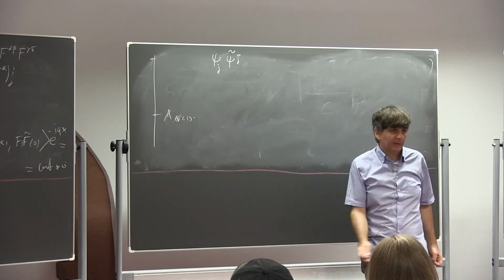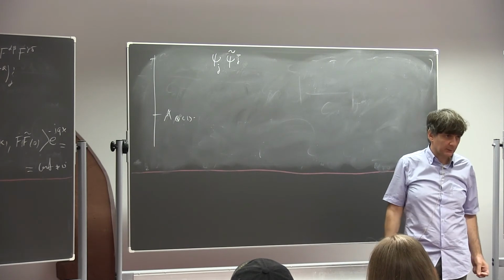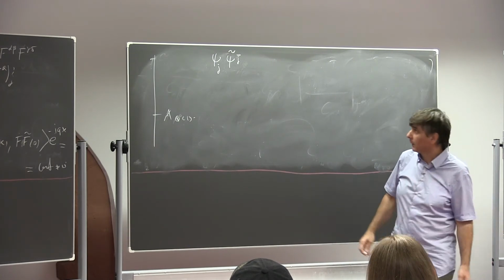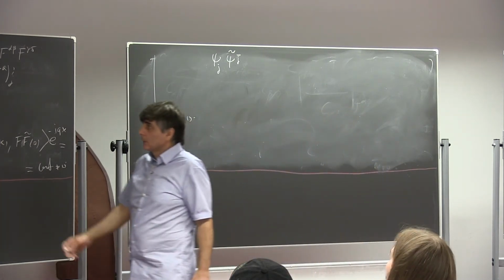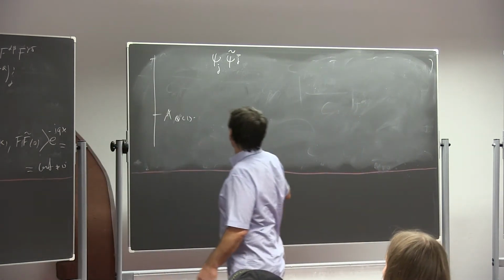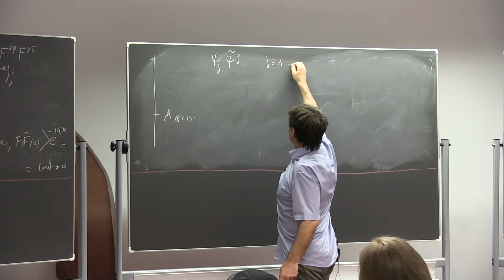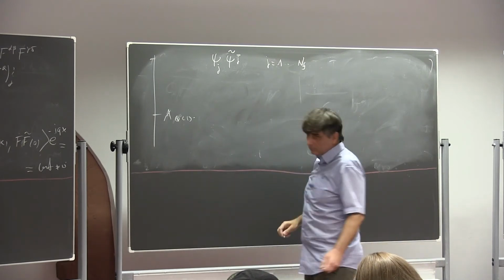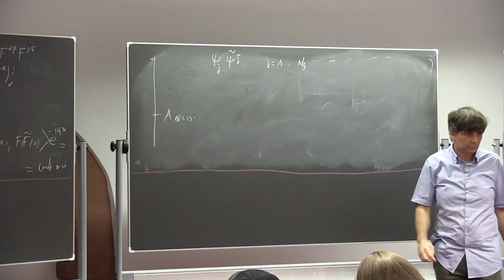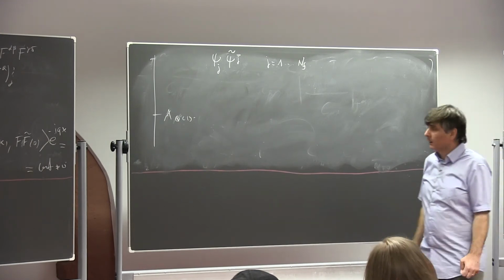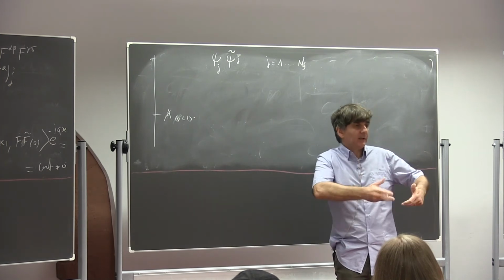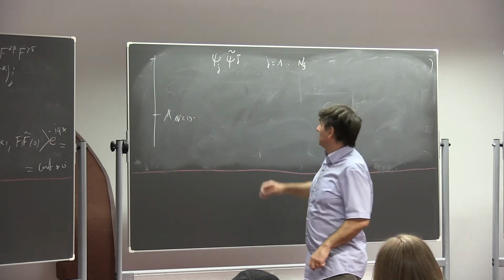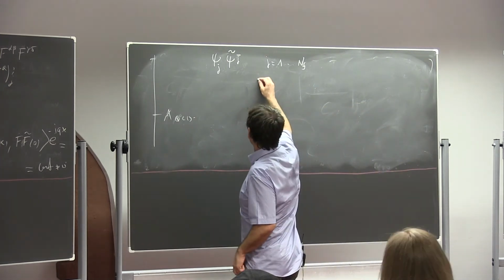We have a global flavor symmetry on top of the color symmetry. There is a gauge group SU(N) color, and there is a number of flavors, let me take them to be N_F. There is a flavor symmetry, because we can rotate left and anti-left independently, and so there is a flavor group U(N_F).